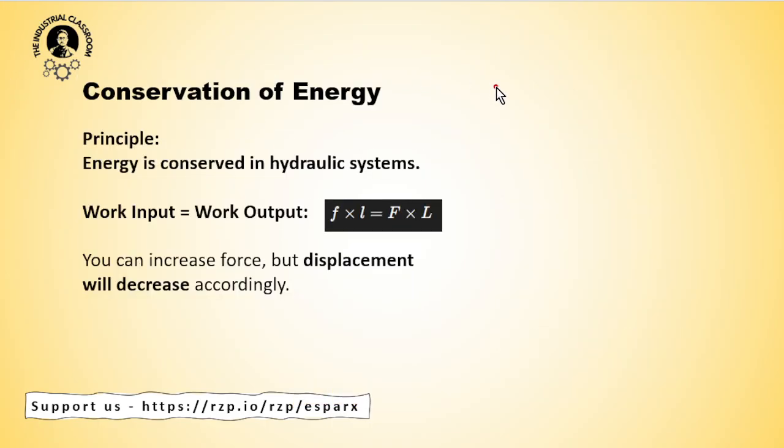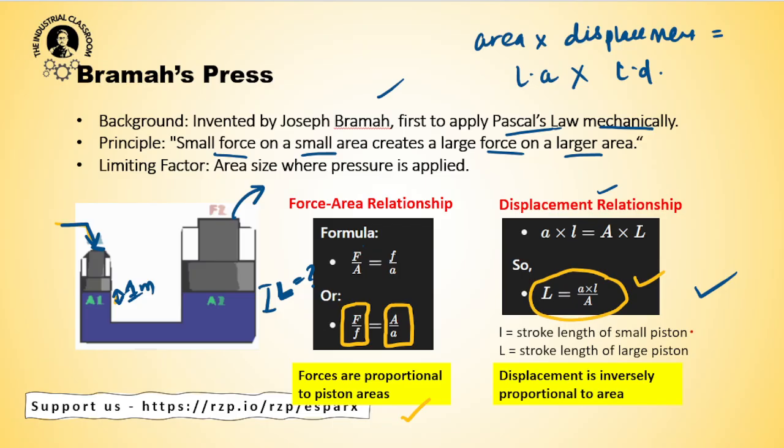Next, we know that energy is conserved. Energy is conserved also in hydraulic systems. We know that work input is equal to work output. So what is the work? Work is nothing but force into displacement. So in Bramah's press, what is the displacement? It is the stroke length of the small piston. This is the piston, right?